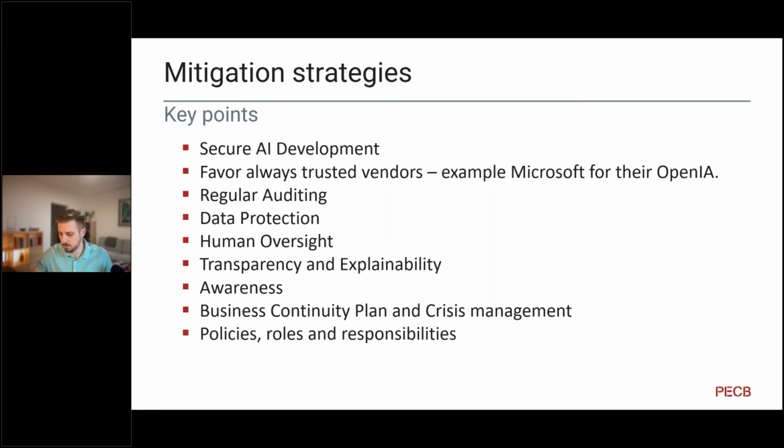Regular audits would also be a good practice to put in place. A key point: conducting regular security audits and assessments of AI systems will help you find vulnerabilities and correct them continuously. For data protection, you will have to ensure that strong data governance policies and practices are in place to protect the data used by the AI systems.